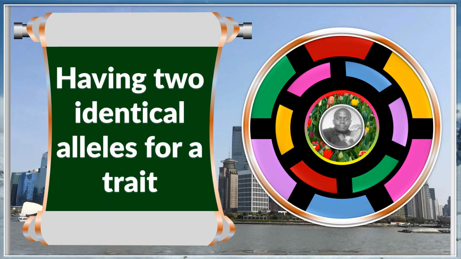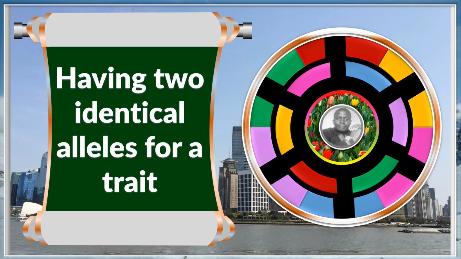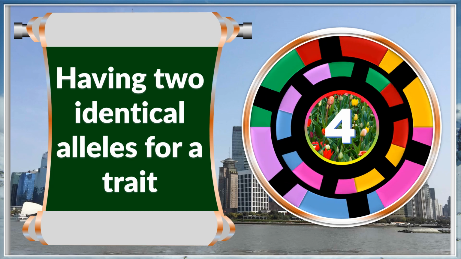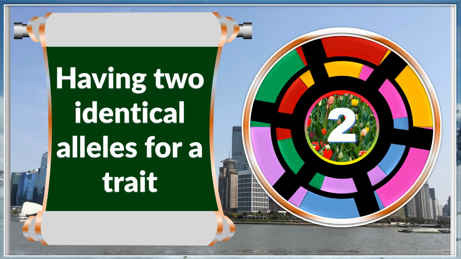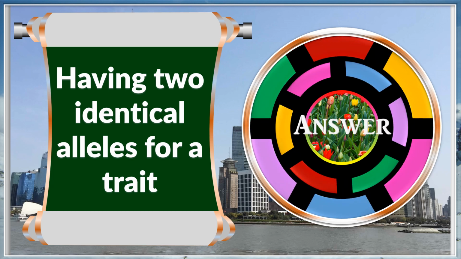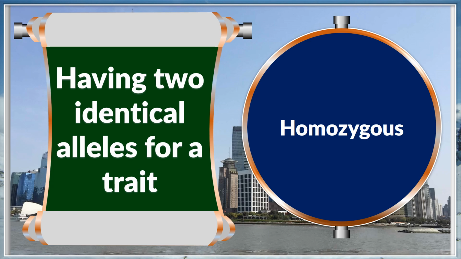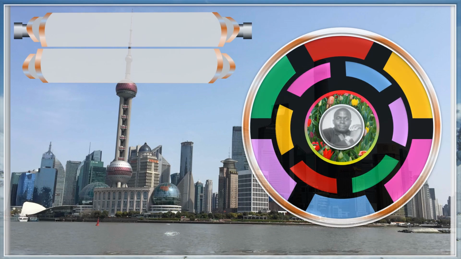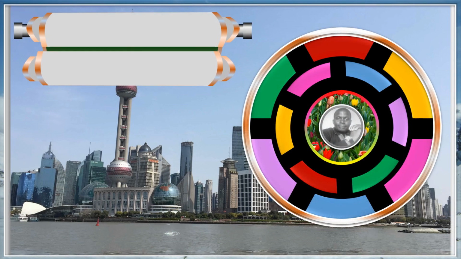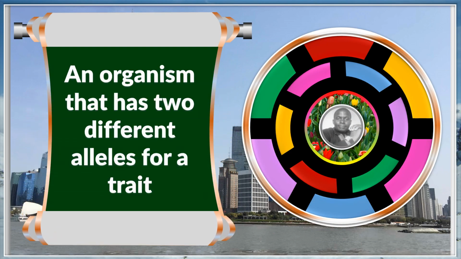Having two identical alleles for a trait. Homozygous. An organism that has two different alleles for a trait.